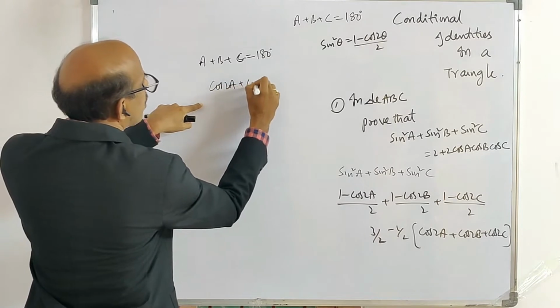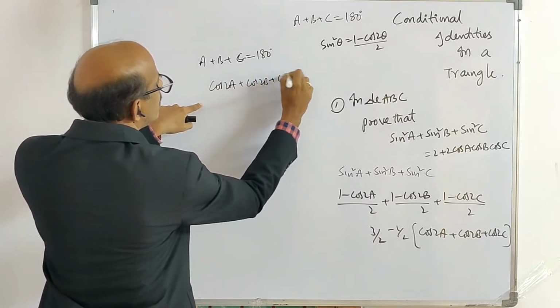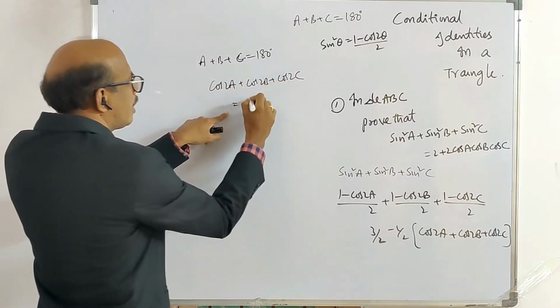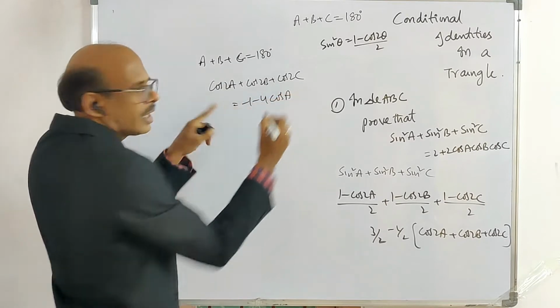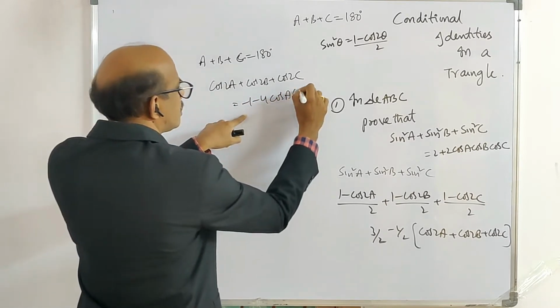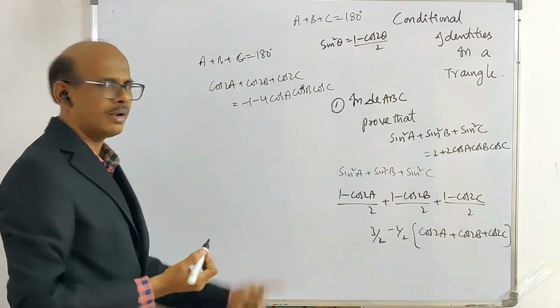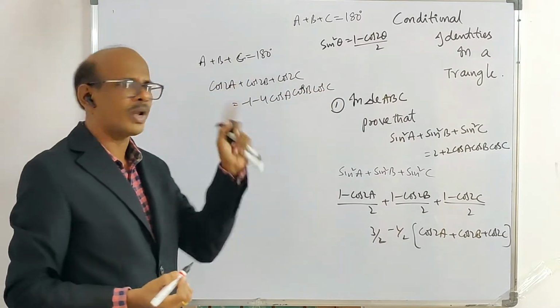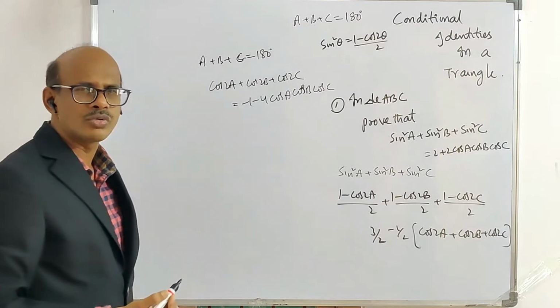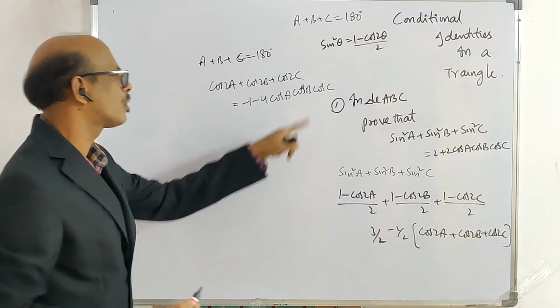Cos 2A plus cos 2B plus cos 2C is a standard conditional identity, as proved already in the previous video. First you finish that. Try to concentrate, don't feel bored, only your attention is required. So if A plus B plus C equals 180, cos 2A plus cos 2B plus cos 2C equals minus 1 minus 4 cos A cos B cos C.